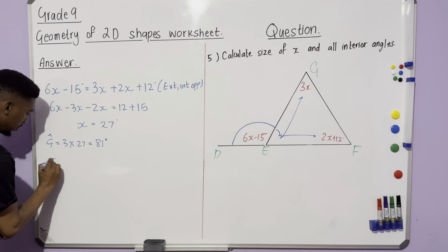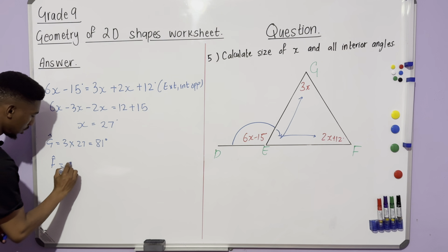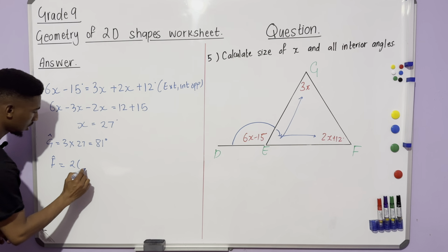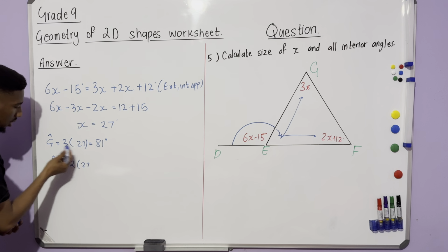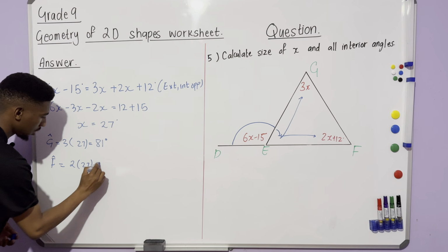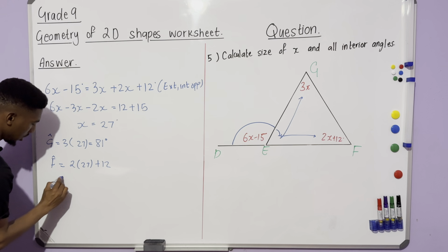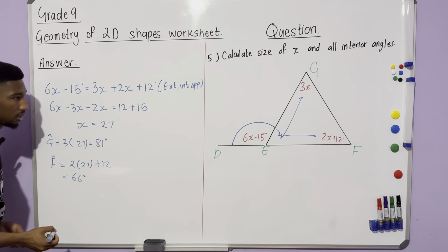And for angle F, we have 2 brackets 27. We could have also indicated brackets over here, but it means the same thing. Brackets plus 12, and that is equal to 66 degrees.